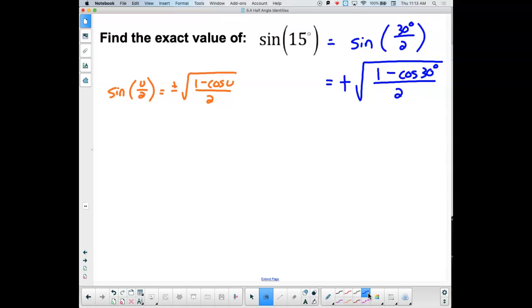What is the cosine of 30 degrees? Cosine of 30 degrees is square root 3 over 2.